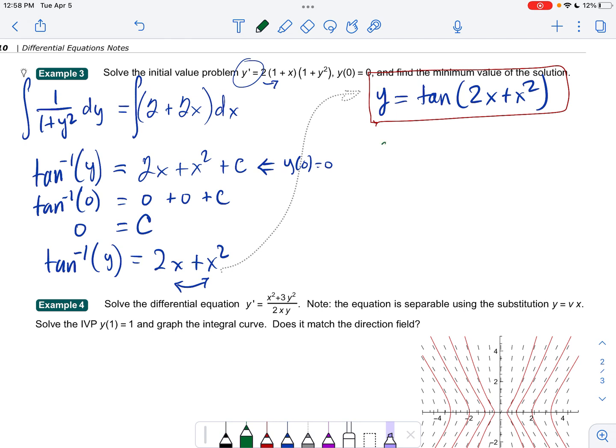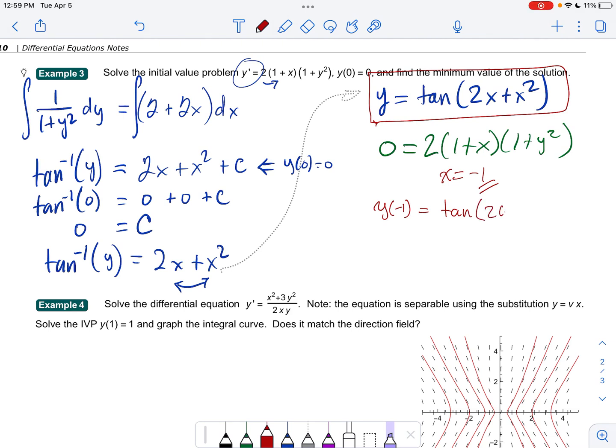So 0 equals 2 times (1 plus x) times (1 plus y squared). The second factor obviously is never equal to 0. The only place this is 0 is when 1 plus x is 0, which occurs when x is negative 1. So there's our critical value, which means we'll have either a max or a min, or potentially a saddle point, when we evaluate y at negative 1, which is the tangent of 2 times negative 1 plus negative 1 squared.